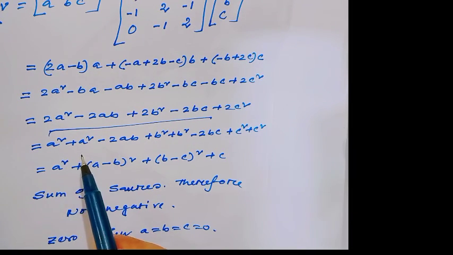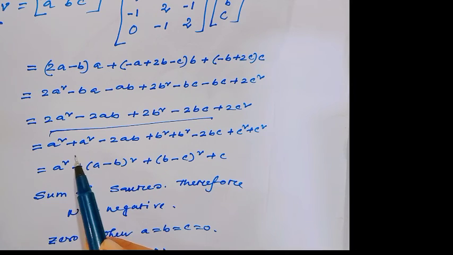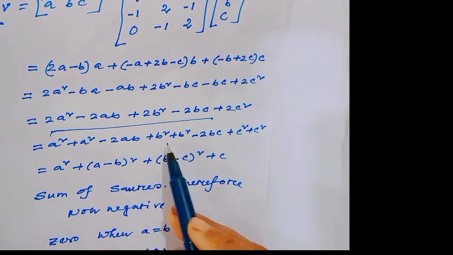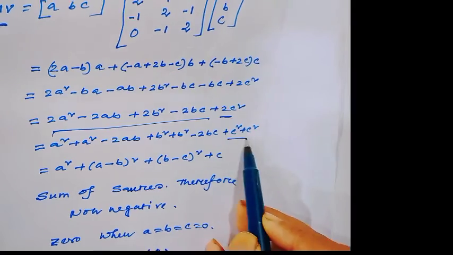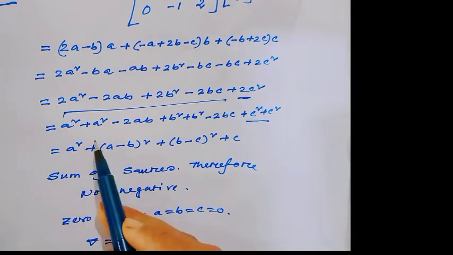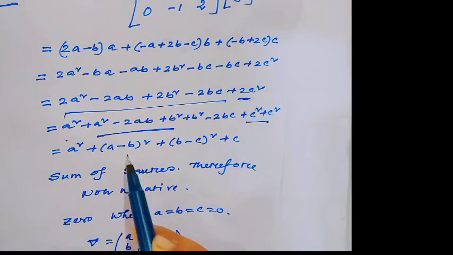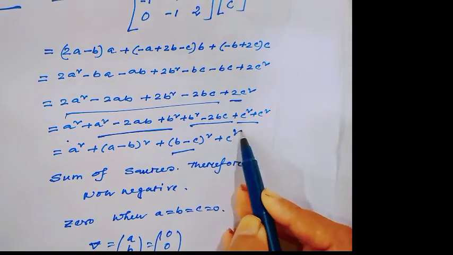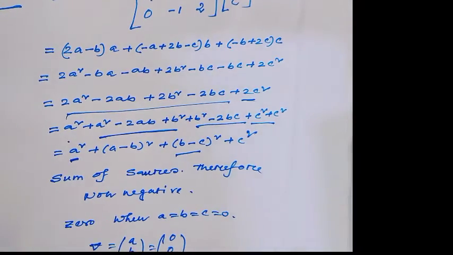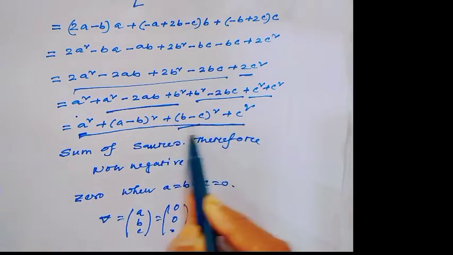Now simplify this part. This would be a square plus a square minus 2ab, b square plus b square minus 2bc, and 2c square means c square plus c square. And this value would be (a minus b) whole square, and this value would be (b minus c) whole square. This is c square and this is a square. And notice this part is a sum of squares.